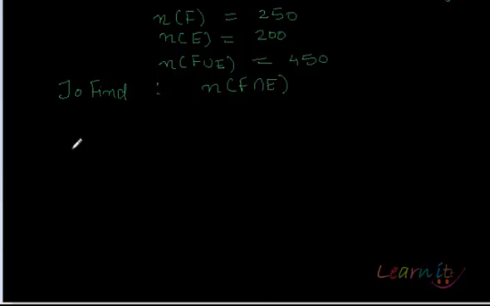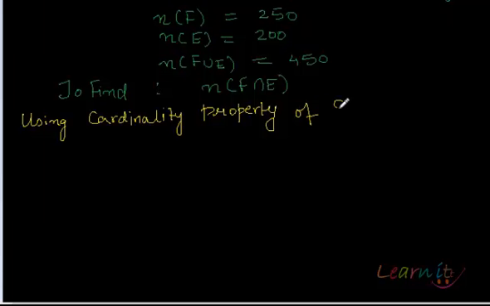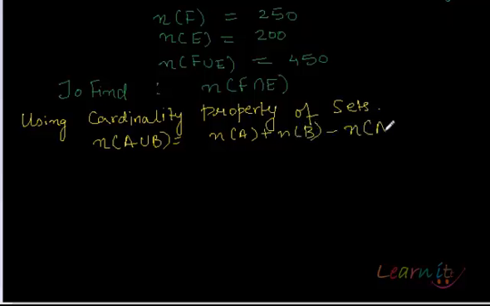So how do we proceed? Again, using the cardinality property of sets, n(A union B) equals n(A) plus n(B) minus n(A intersection B).